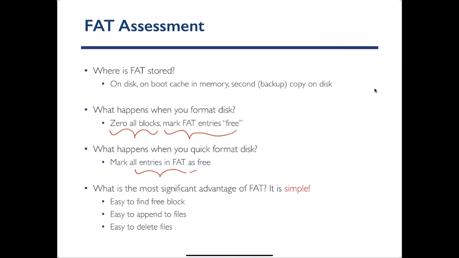So what is the most significant advantage of FAT that has made it so common? It's simplicity. It has an extremely simple design. So it's easy to find free blocks. You can just search through your table from where you are.